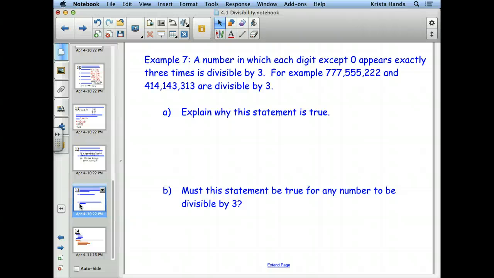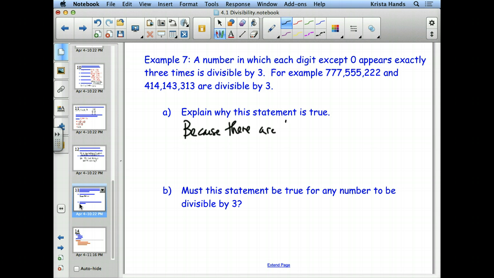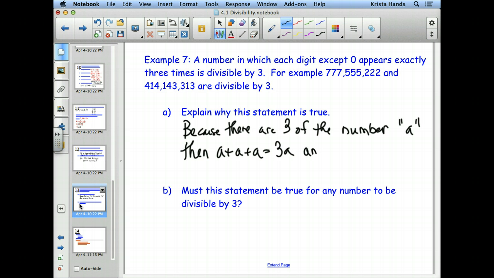So because there are 3 of the number, let's say the number's A, then A plus A plus A is 3A. And 3A is divisible by 3. Nothing special about the particular number, right? You're just adding it to itself 3 times, so you're going to get something divisible by 3 when you're done.